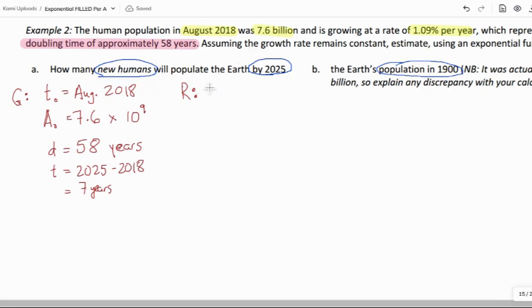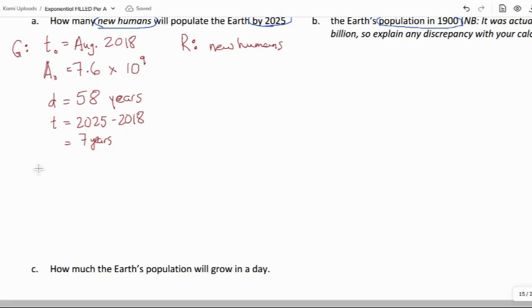Okay, and so what I'm required to find is new humans, which is not A at 7 years, right? Because I need to find the new humans. Let's start off by finding out how many we will have at that time. So we're going to find out A. Actually, not true. Is it? Yeah, we're good.